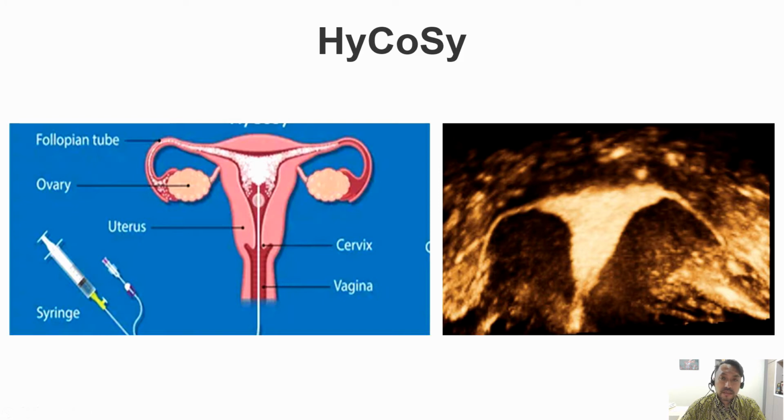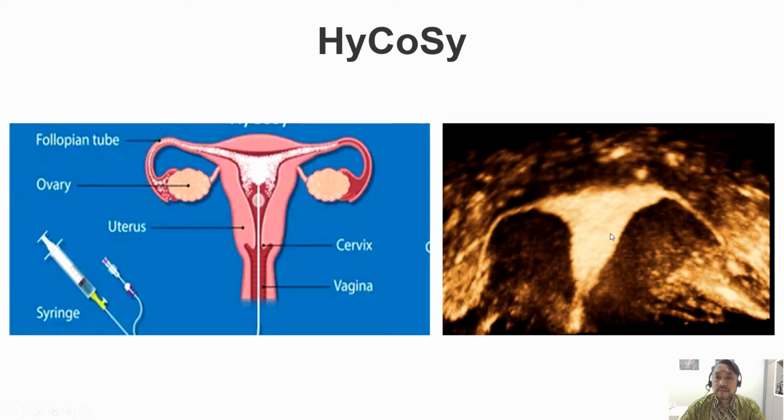Another investigation that you can do is HyCoSy. HyCoSy is a non-invasive investigation that uses ultrasound to detect the patency of the tube. The same principle, they will inject the solution, and then by using ultrasound they will see the outline of the uterus and then the fallopian tubes.